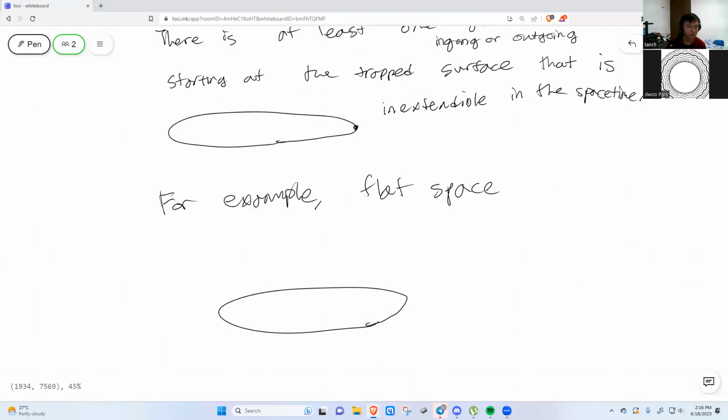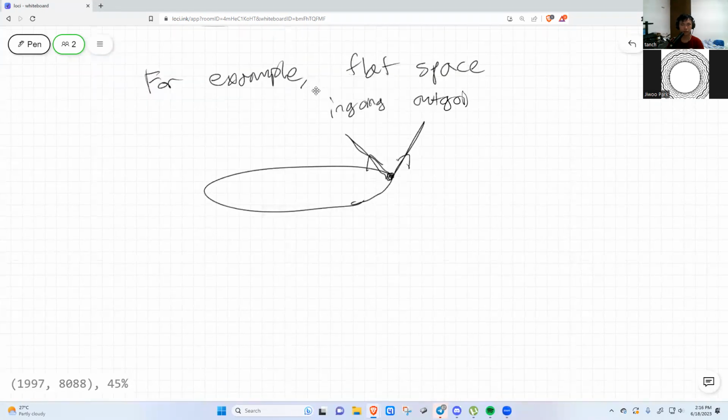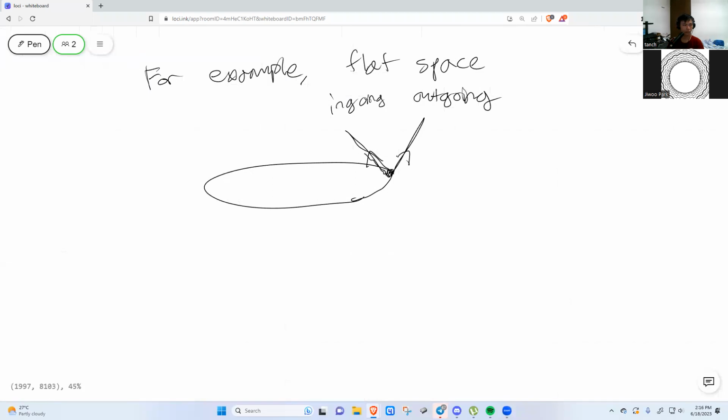But we can see whether or not the geodesics are inextendable. If the trap surface is just a circle and you have geodesics going in these two directions, which are respectively ingoing and outgoing, we see that they can just keep on going for as much as they want.